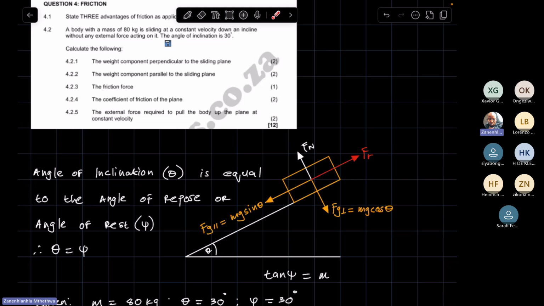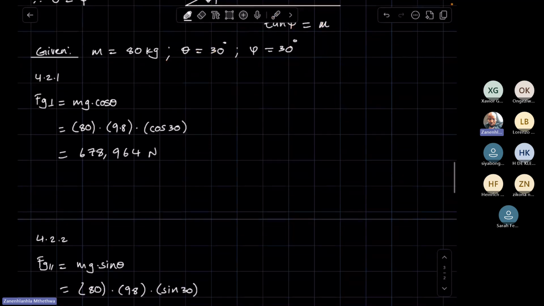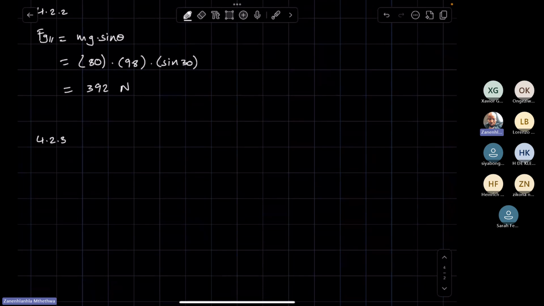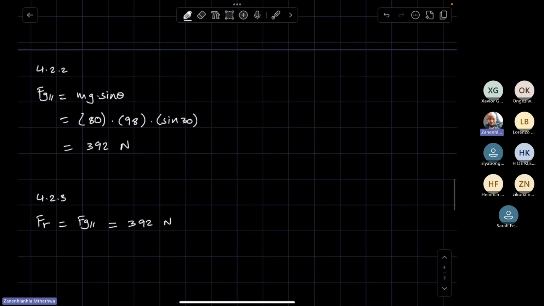So along the x-axis, there are only two forces. There's Fr going in the positive direction, and then you have Fg parallel going in the negative direction, meaning that this is equal to that. Right? So as per our free body diagram, Fr is equal to Fg parallel, and Fg parallel is equal to 392 newtons. Any questions on this one?